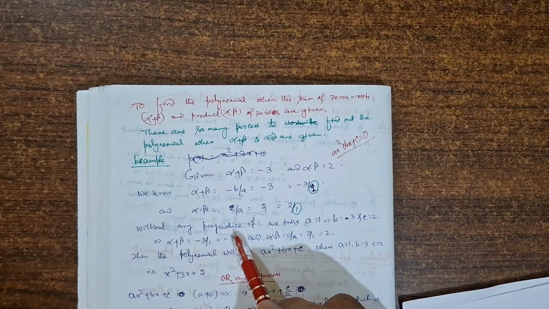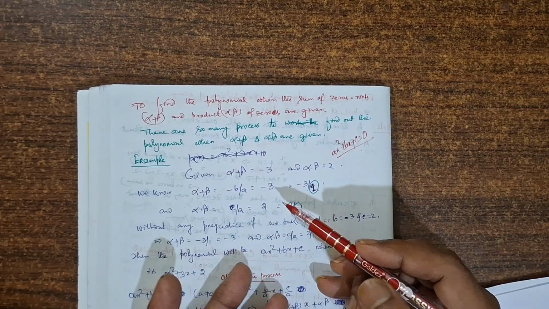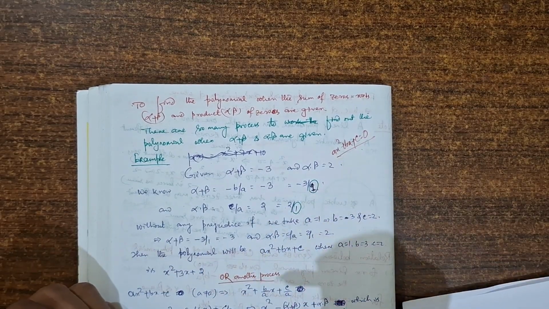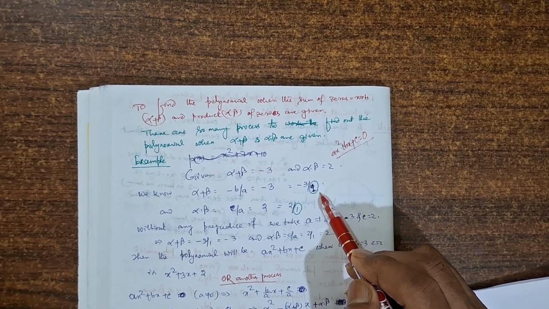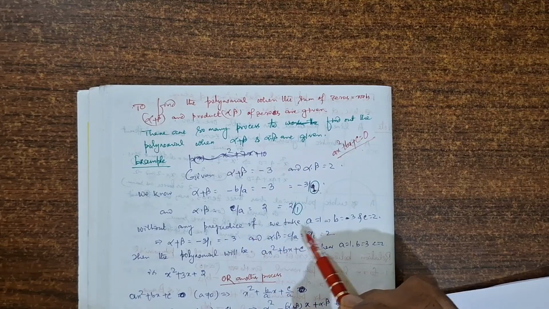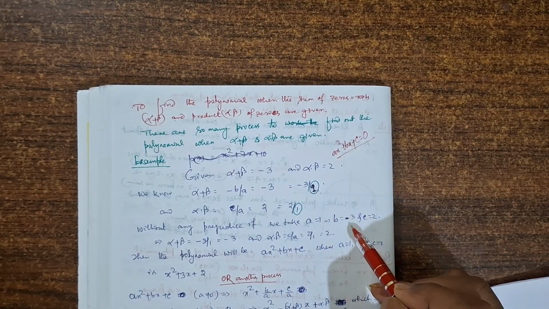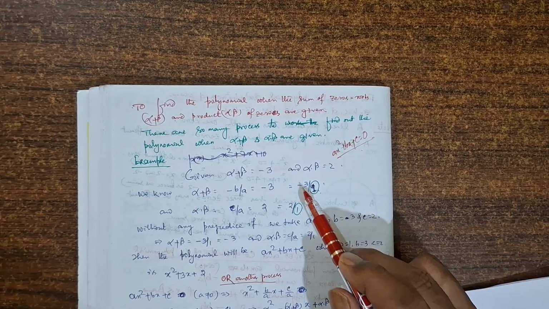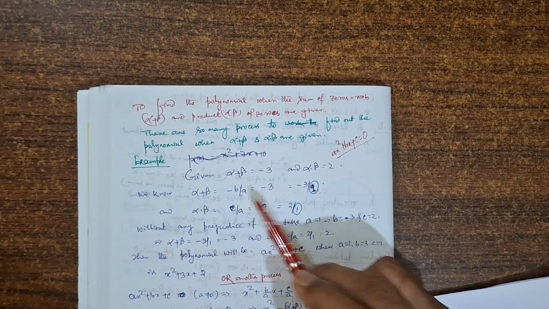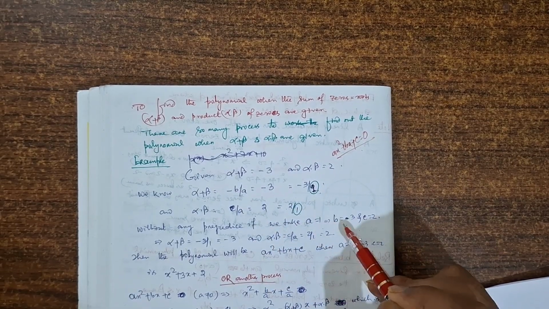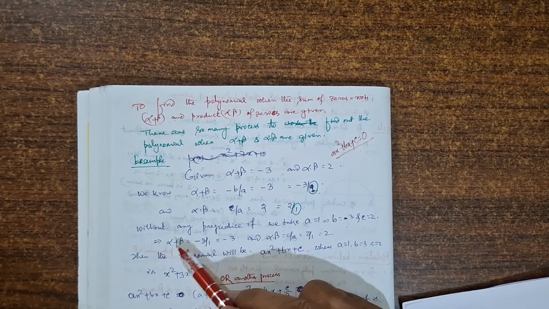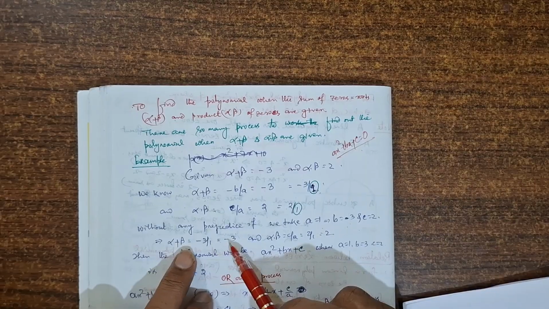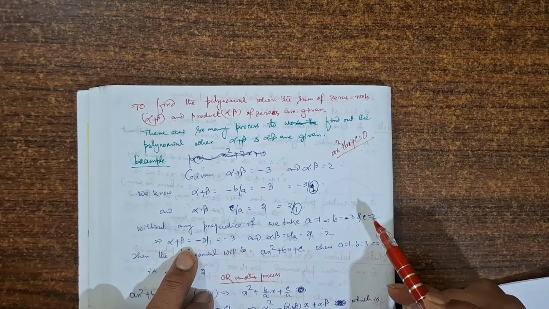So without any hesitation, if you take a to be 1, no problem will be there. If we take a is equal to 1, then b is equal to 3, because minus b is there, so minus b by a is equal to minus 3, and c will be 2. So alpha plus beta is equal to minus 3 and alpha beta is equal to 2. It is okay.